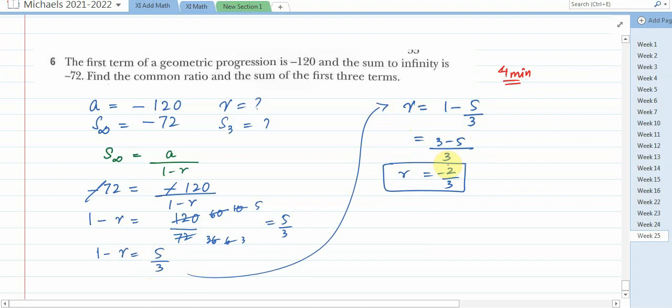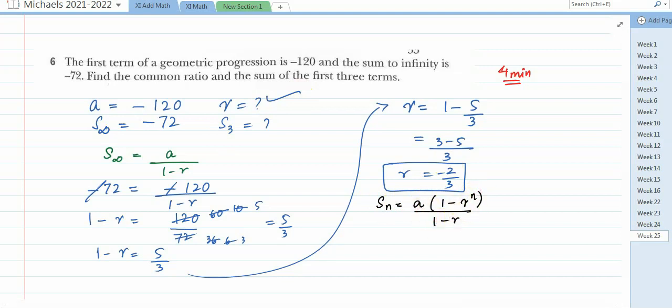It totally does not matter, because if the value of R is negative, that means the sequence has a decreasing pattern. So the first unknown we found is R, and after that we need to find the value for the sum of 3 terms. For the working formula of sum, we have Sn equals A times 1 minus R to the power n divided by 1 minus R, right?